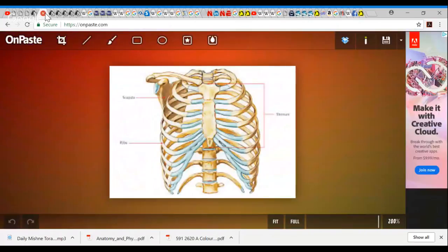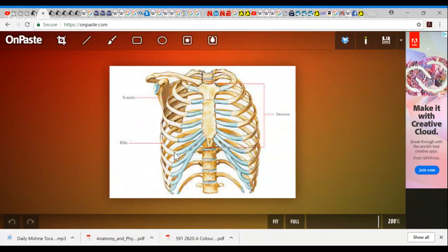Here is a picture of the rib cage in a human, although the numbers are a little different and there are some minor differences. The principles are the same. As you see, the top ribs connect to the sternum. Here's the sternum in the middle. You can see the vertebrae of the spine in the background, right in the back.